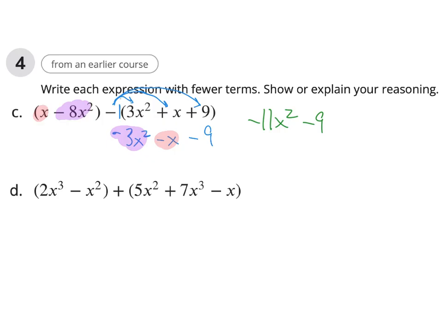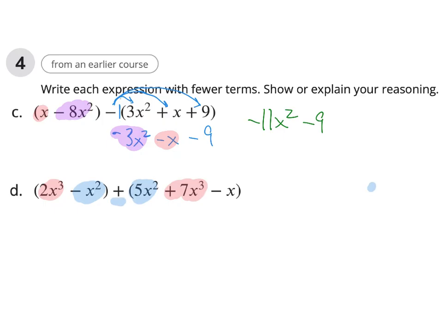Okay, finally, we get a 2x cubed. We get a plus 7x cubed. We get a negative x squared and a positive x squared because the plus is in the middle.